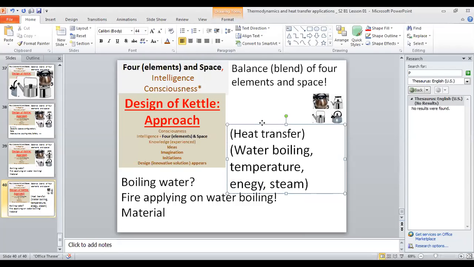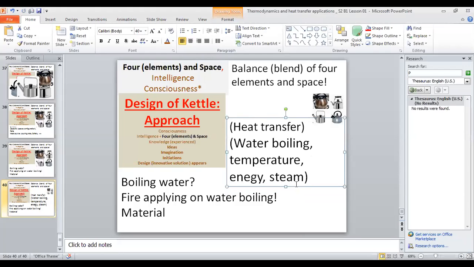Water boiling, temperature, energy, and steam.